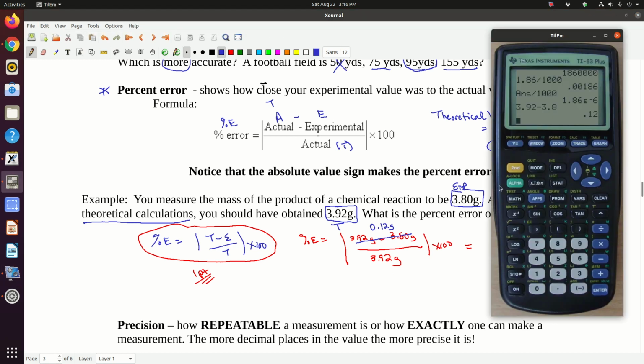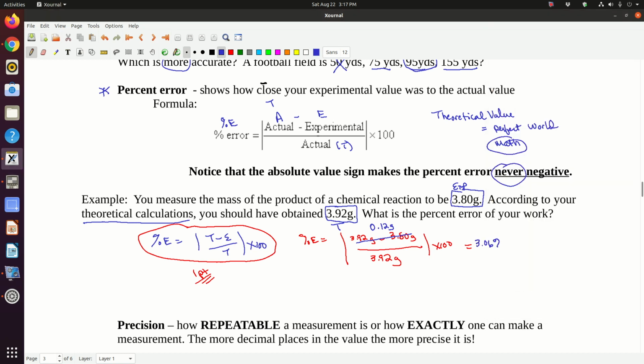So I'm going to turn this back on. I've already got the value 0.12, divide by 3.92 and then times 100, and it's 3.06%. As far as significant figures goes, this probably has one more significant figure than I need. So it'd be 3.1% because this value only has 2 sig figs.